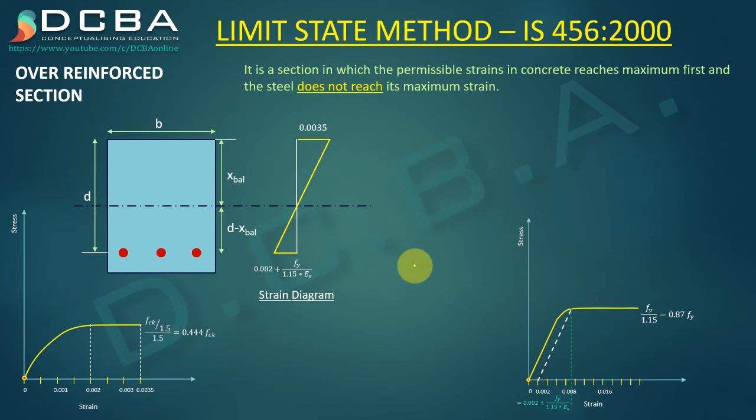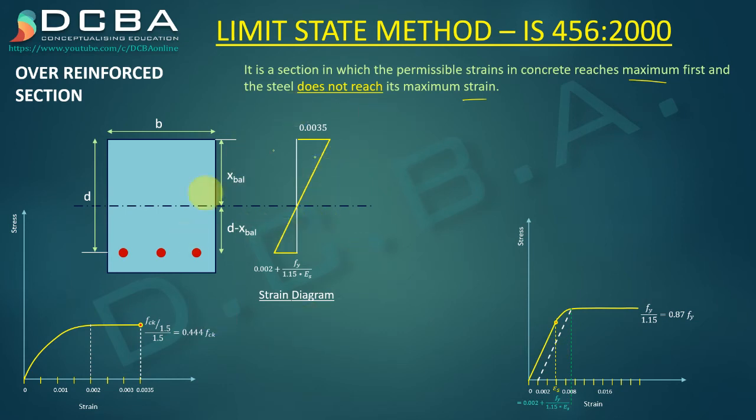Talking about the over reinforced section, it is a section in which the permissible strain in concrete reaches maximum first and the steel does not reach its maximum strain. So when we compare this, we can see that the strain value of concrete reaches first, but the steel does not reach, and it is at some intermediate value of epsilon s.